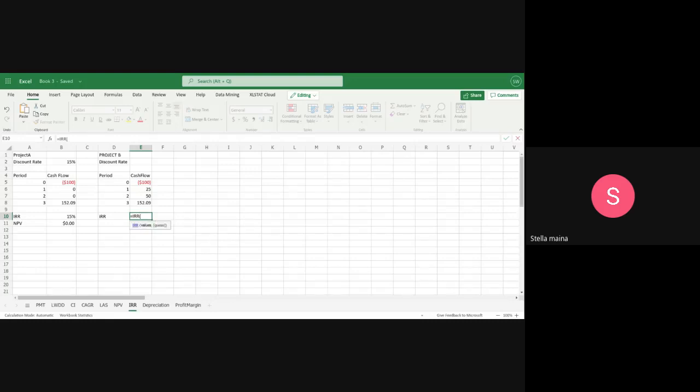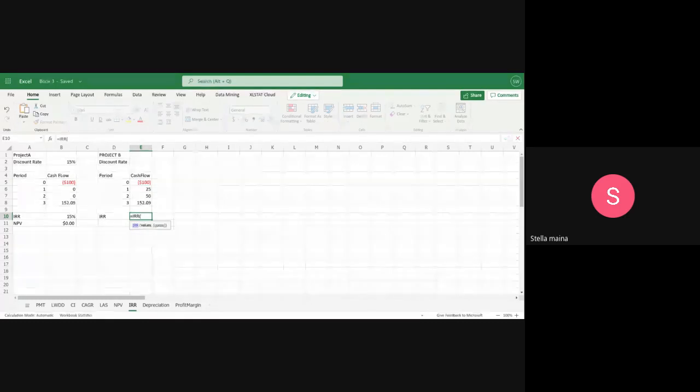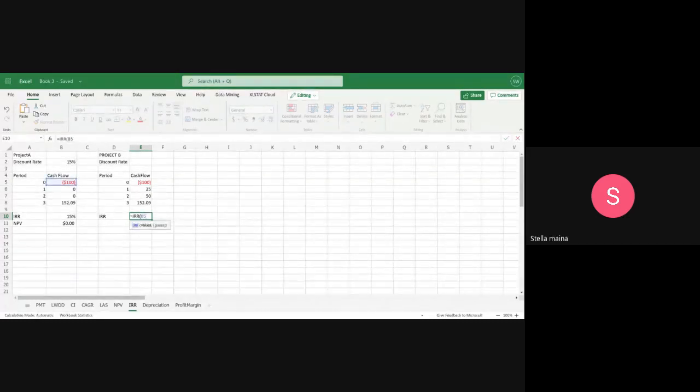So it's just going to be from B5 up to E8. Okay, so it's 39%.